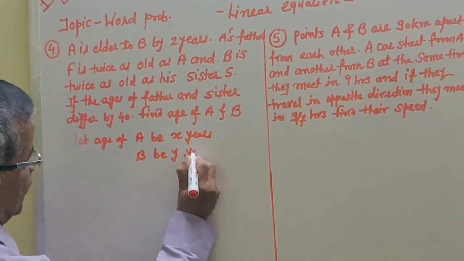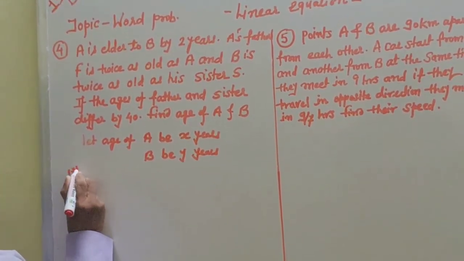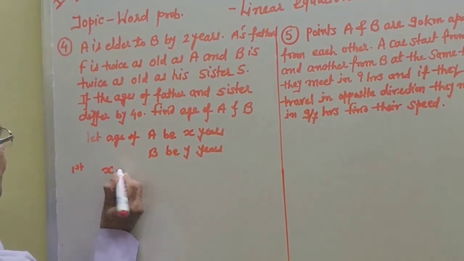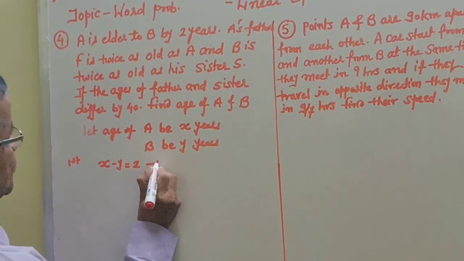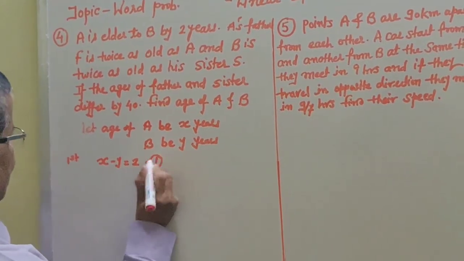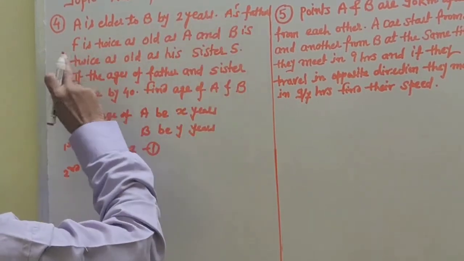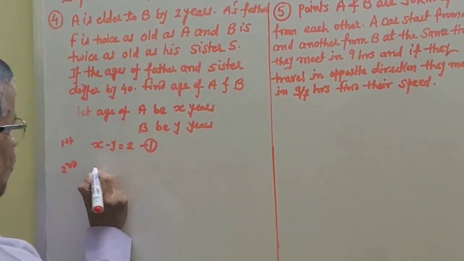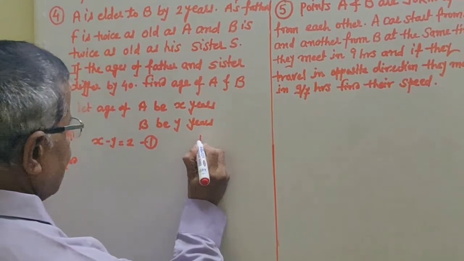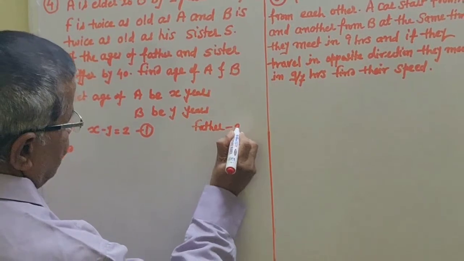The first condition given is that they differ by 2 years, so I am writing x minus y is equal to 2. This is my first equation from the first condition. Now what about the second condition? A's father F is twice as old as A, which means the age of father is 2x.